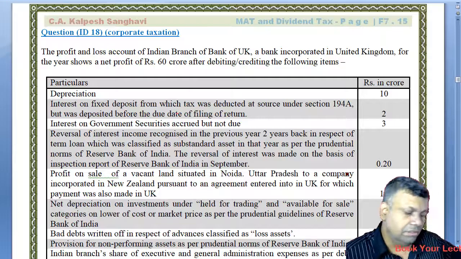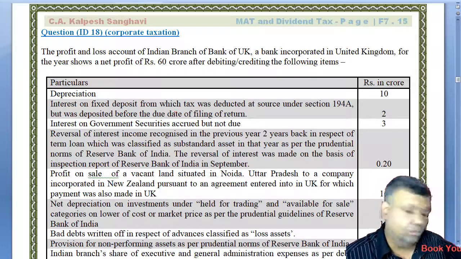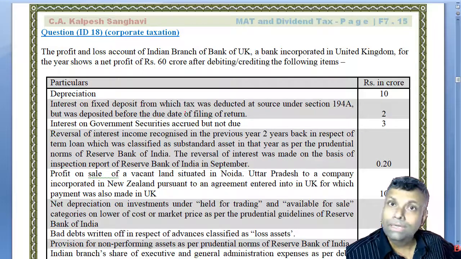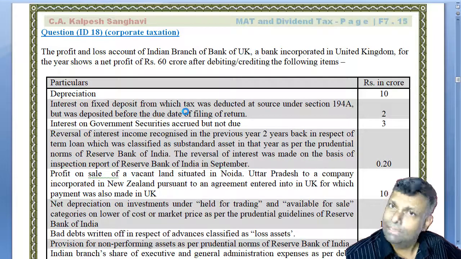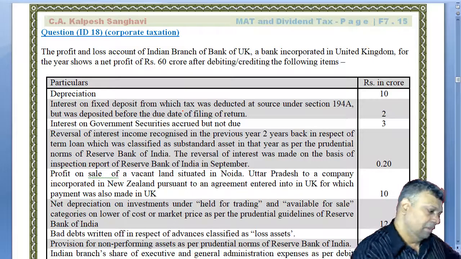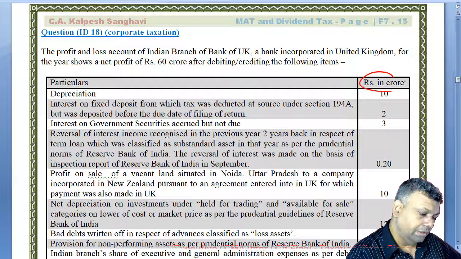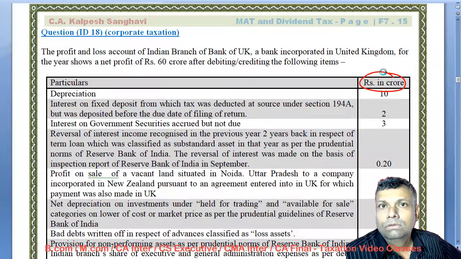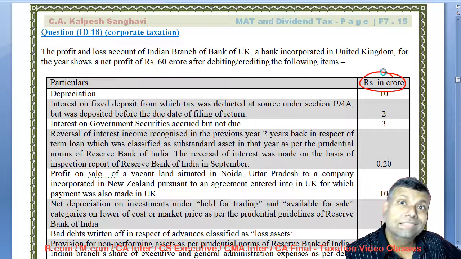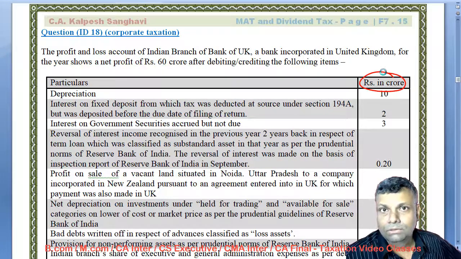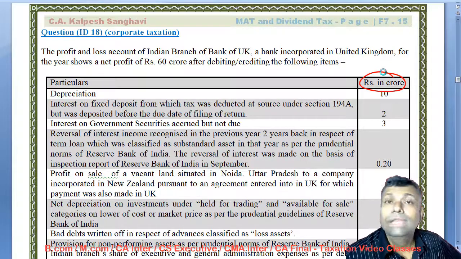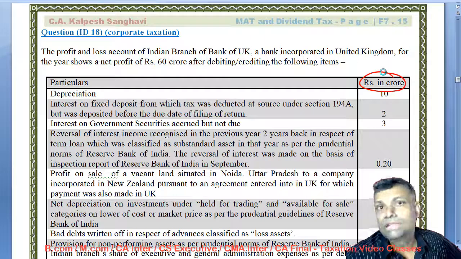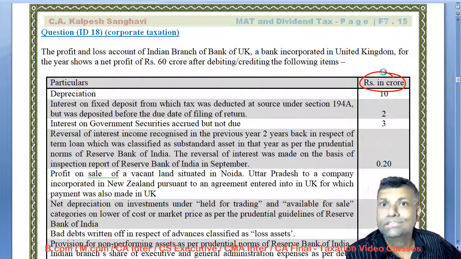So first of all, it's a foreign bank, Indian branch. Those notes I will write at the end. And foreign companies, so rates of foreign companies, surcharge, if any, of the foreign company. And you should note that all the figures are in crores. Where it will make the difference is in the surcharge. Because the law is that if the income is more than the limit, then the surcharge rate is this, and if it is more than this, then the surcharge rate is this.